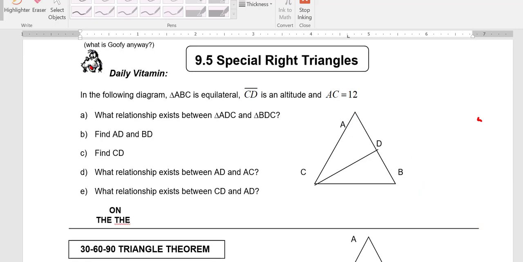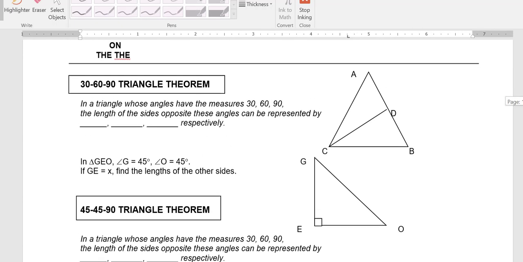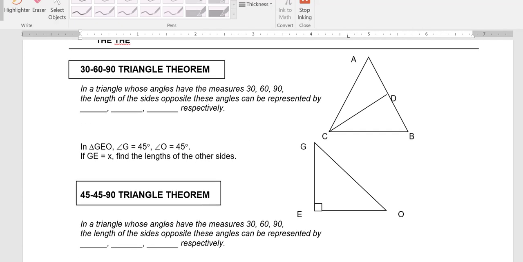Okay, so let's jump right in and let's talk about 30, 60, 90 and 45, 45, 90 triangles. So if I have a right triangle and one of the angles is 30, which makes the other one 60 degrees, then the side that's opposite of the 30, we'll call that x.